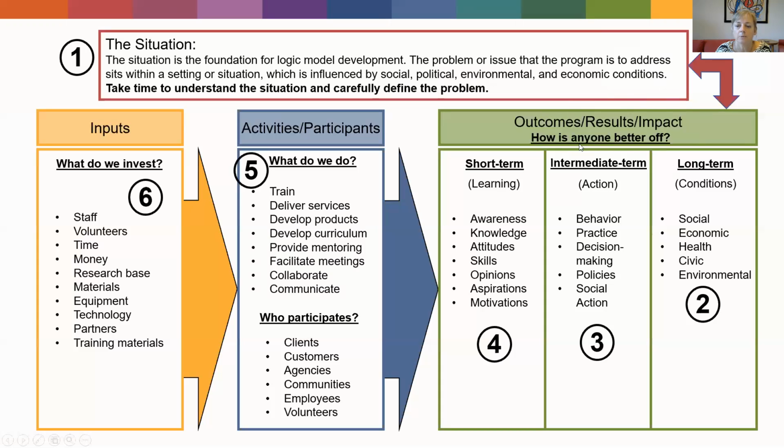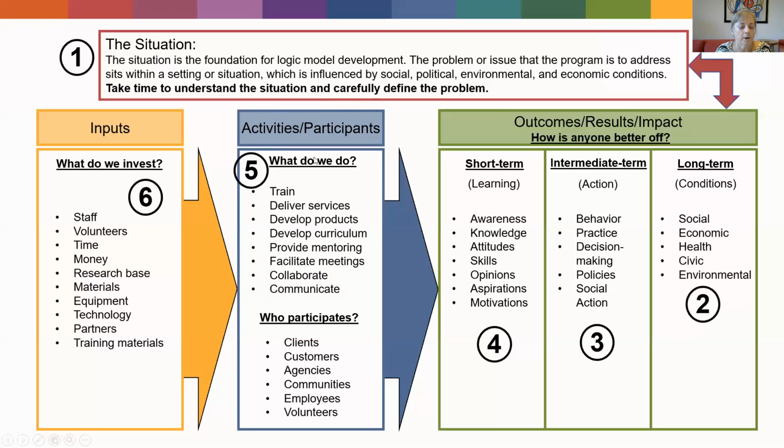How is anyone better off with our programming? Then we need to understand, based on those outcomes, what actions do we need to take in order to achieve those outcomes? What do we need to do to achieve those results? And that defines our activities and our participants.